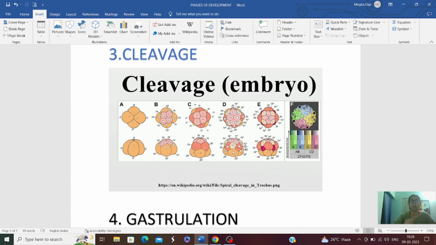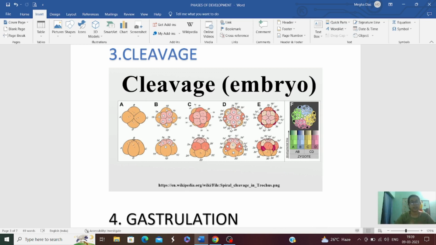The division is mitotic. Remember that cleavage is a mitotic, that is equational, division, a series of divisions in which the single-cell zygote is divided a number of times to form a blastula and then a gastrula.